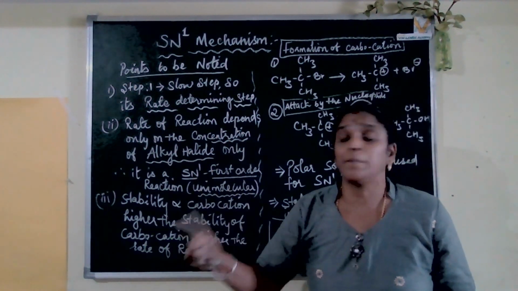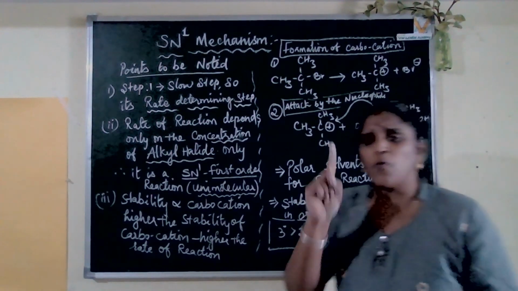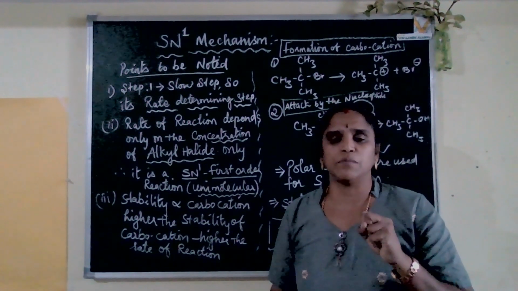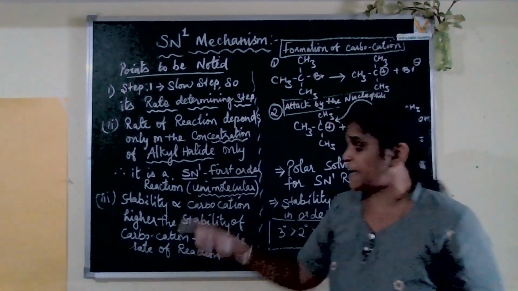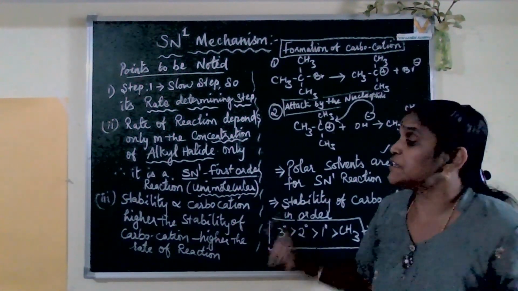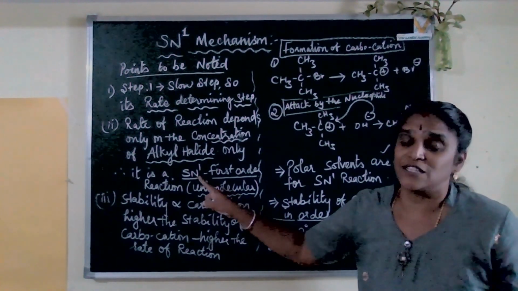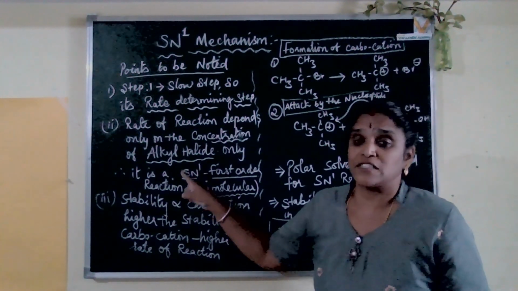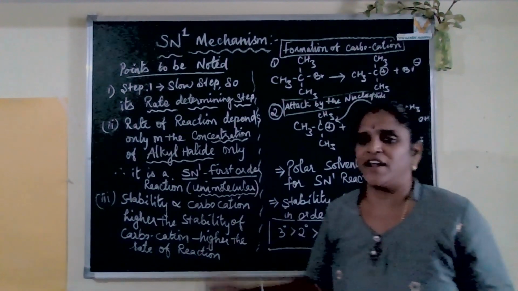It does not depend on the nucleophile. So only one reactant contributes to the rate of reaction. That means it is a unimolecular reaction, a first order reaction, SN1, nucleophilic substitution 1, first order reaction.